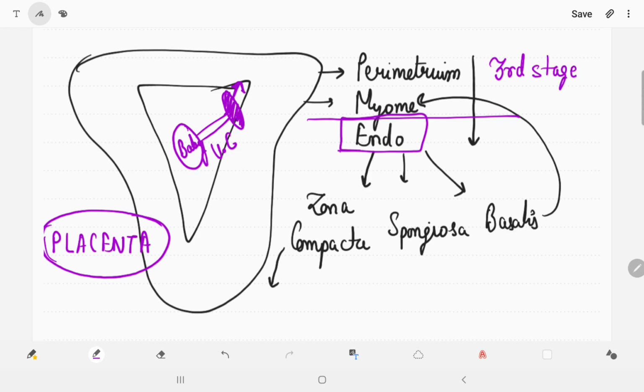It is after the delivery of the baby that the placenta and the membranes have to deliver out, right? So if it invades deeper into the myometrium, that is the muscle layer, will it be able to deliver out? No, never. That is why, remember that this will be limited only to the layer of the endometrium, right?